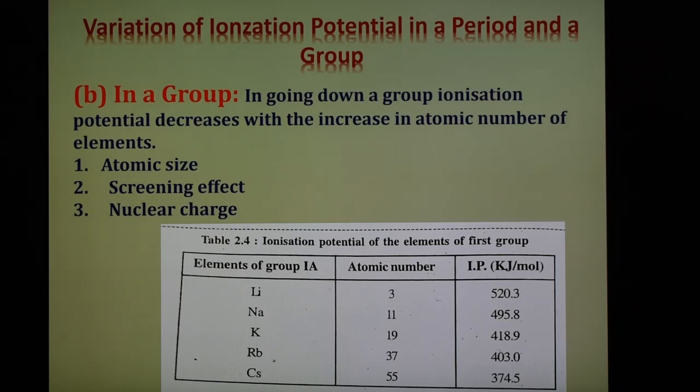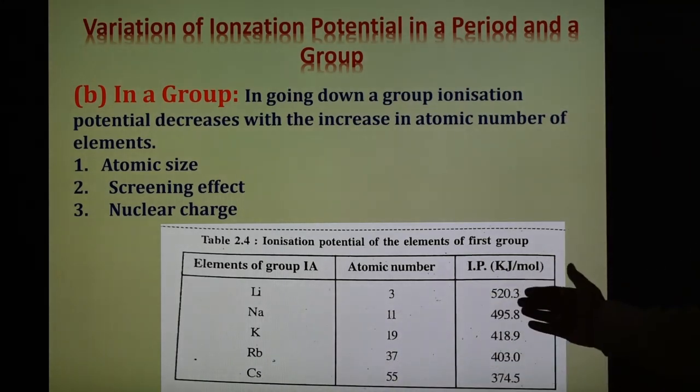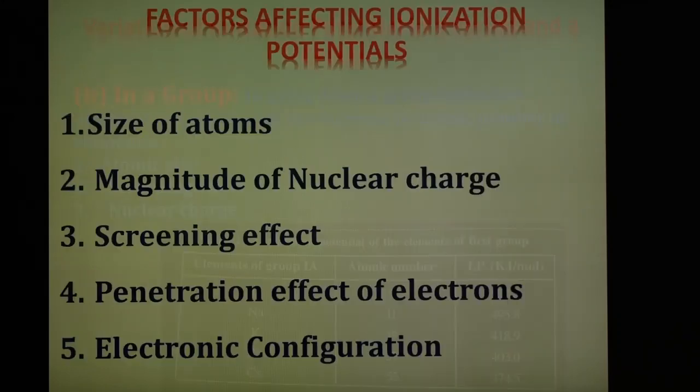The combined effect is that the ionization potential value decreases in the group, and these values are also shown in the table. Here, for lithium, sodium, potassium, rubidium, cesium, the atomic number increases and the value decreases down the group. So this table also shows it for the first group elements.